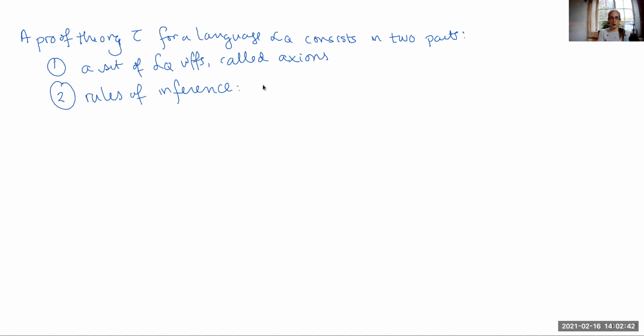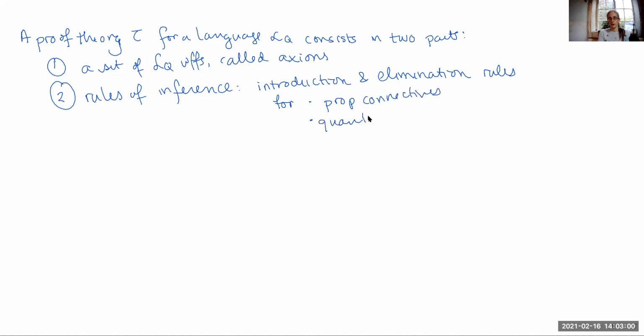So these are going to be, in our case, introduction and elimination rules for the propositional connectives, the quantifiers, and because we've said we're just assuming that we have identity in our language, we will have rules of inference specifically for identity.